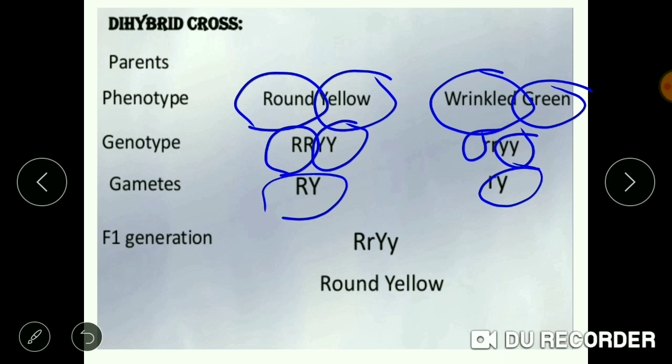On crossing, they got the F1 generation as capital R small r, capital Y small y. And the phenotype of this F1 generation will be round yellow, as capital R and capital Y here are dominant over the wrinkled green small r small y. So the phenotype will be round yellow.